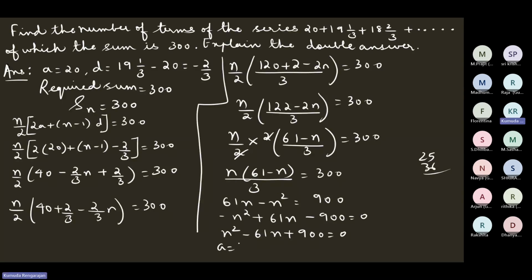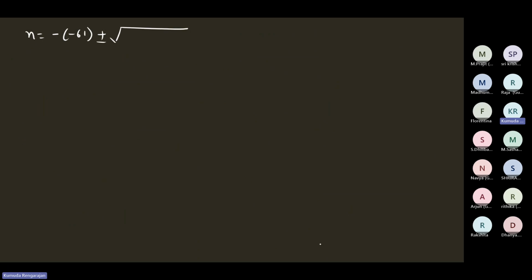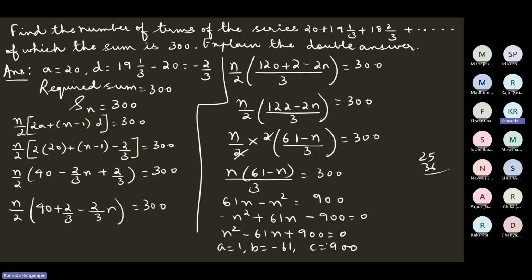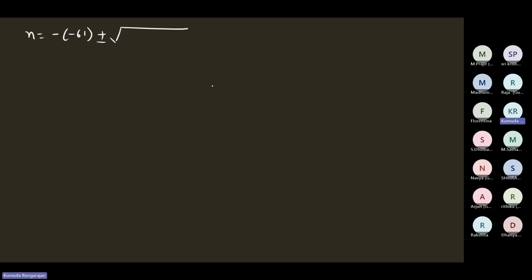The value of a is 1, b is minus 61, and c is 900. So minus b is 61, plus or minus square root of b squared, 3721, minus 4 into a into c, that is 4 into 1 into 900.